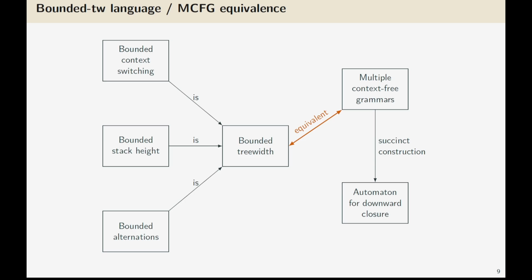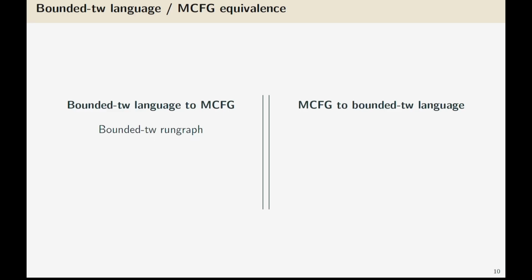Okay, I want to give just a brief overview of how we show that these two systems are equivalent. Don't get too hung up on this, because I'm going to skim over it fairly quickly since I want to talk more about the downward closure. But just to give you a hint: we start with a bounded treewidth language, which consists of bounded treewidth run graphs. Then we can show that we can find a tree automaton that accepts these run graphs, and from a tree automaton, it's fairly simple to construct a multiple context-free grammar.